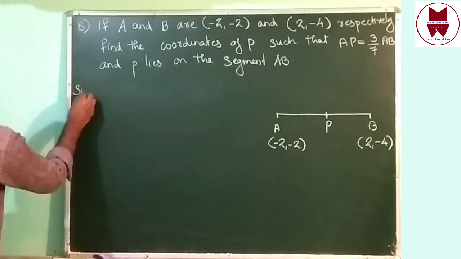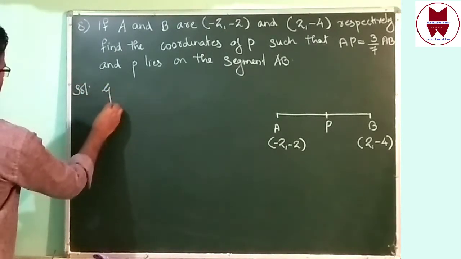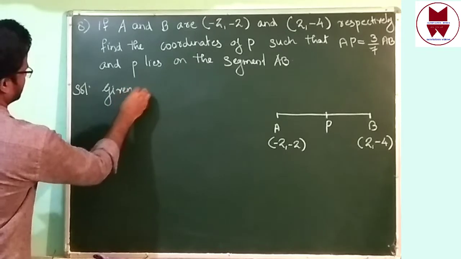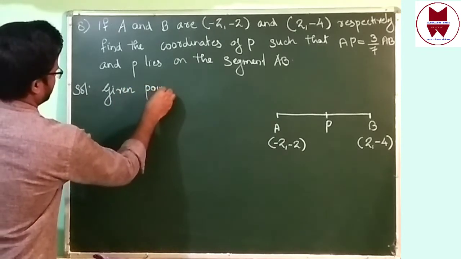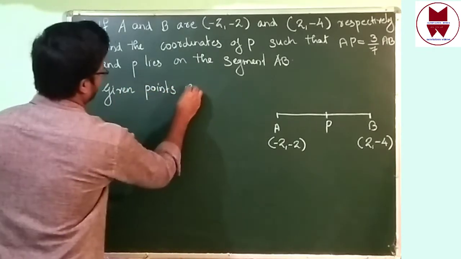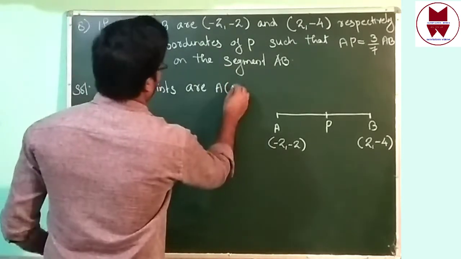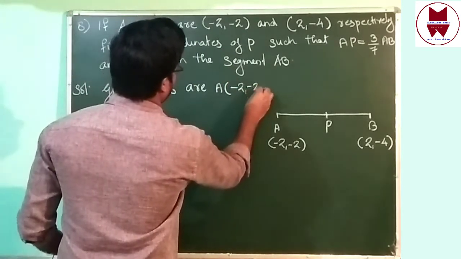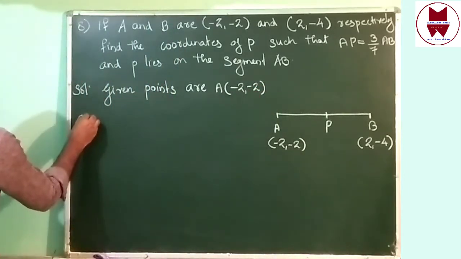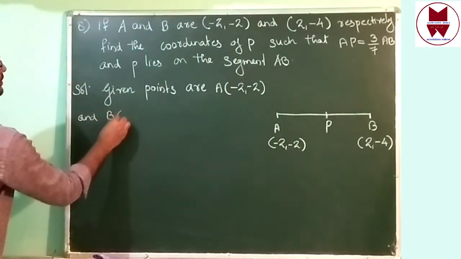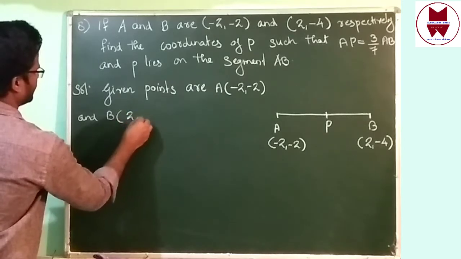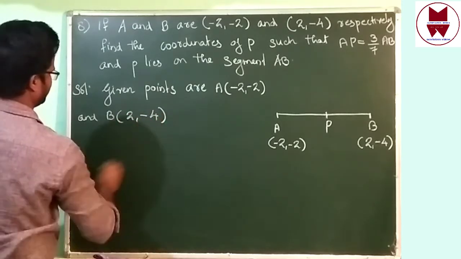We can start. Given points are, first point A (-2, -2) and B, second point is (2, -4).